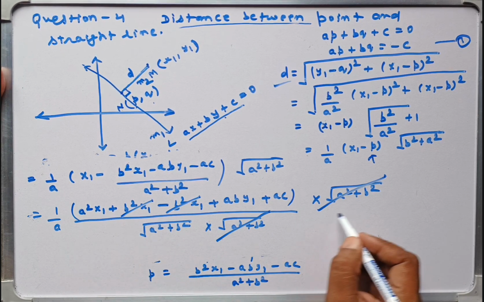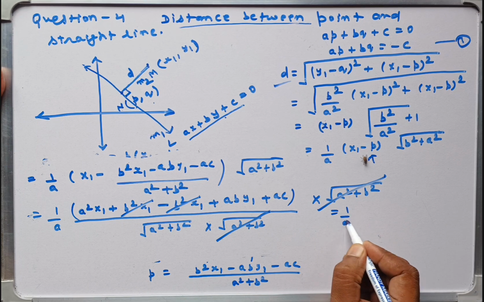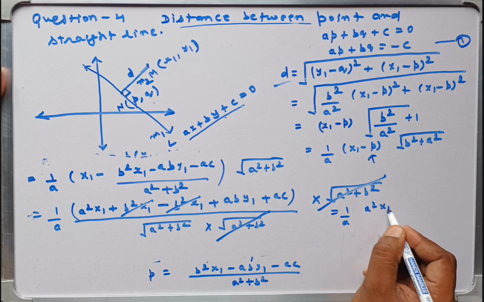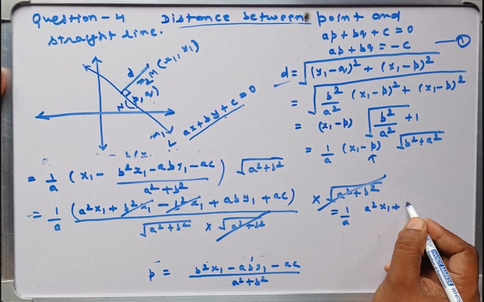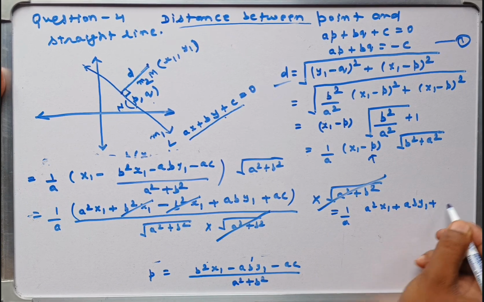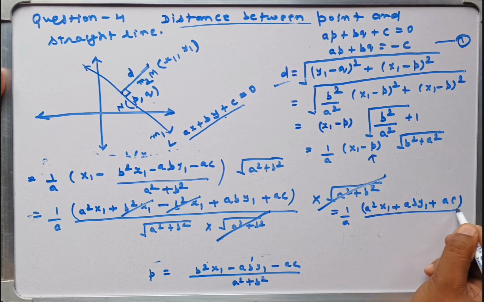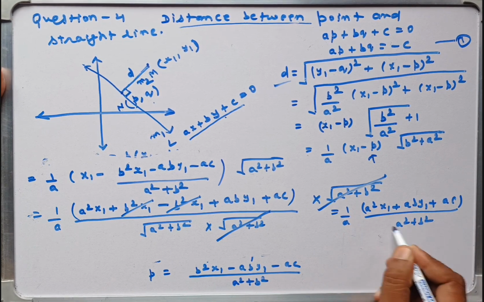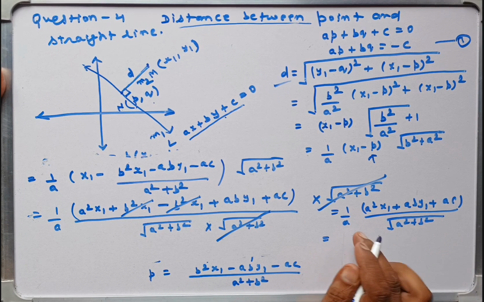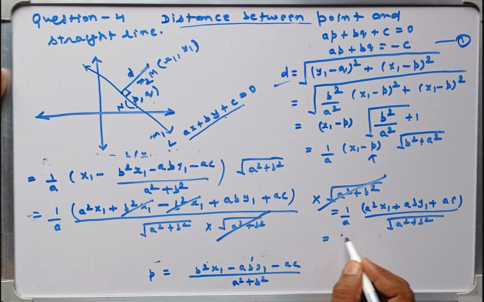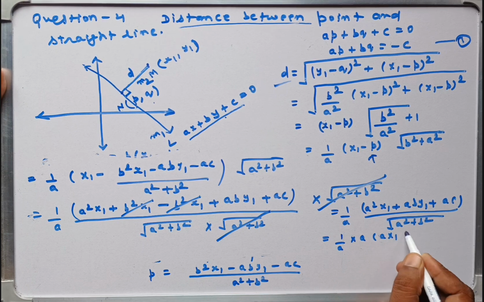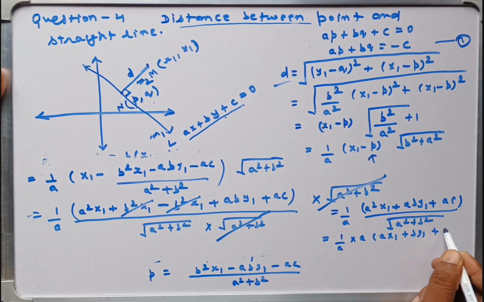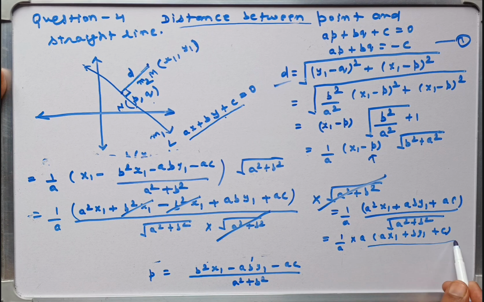So finally what you will get here, 1 by a times (a square x1 plus aby1 plus ac) divided by (a square plus b square). If we take a common, then it becomes 1 by a into a times (ax1 plus by1 plus c) over the square root of a square plus b square.